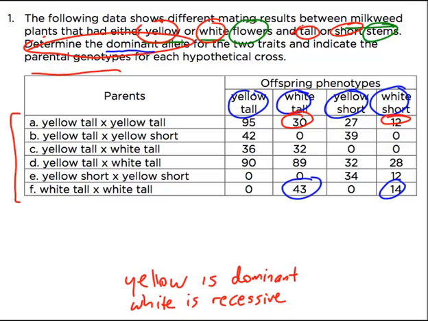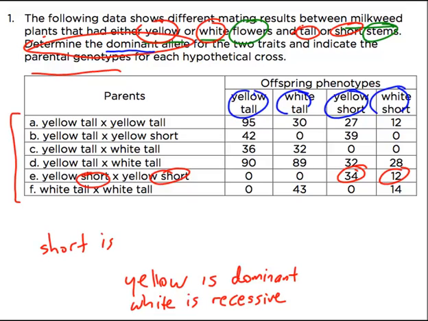So there's only one here where there's a short times a short that I see. And you'll notice that all the offspring, sorry, I should have erased this as well because we're not interested in that anymore. All the offspring are short, right? Maybe yellow and white, but we don't care about yellow and white now. They're all short.